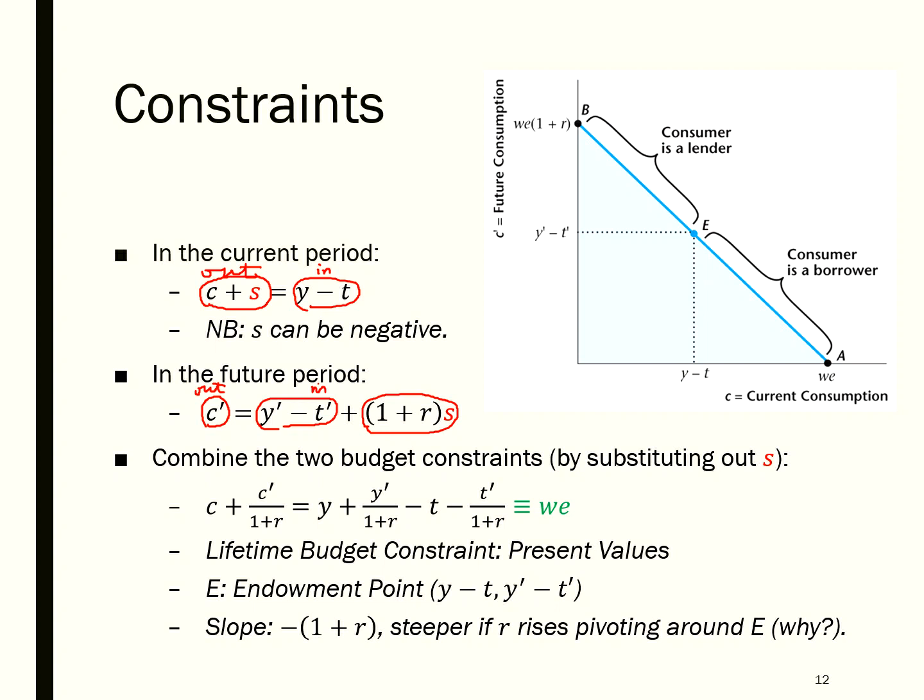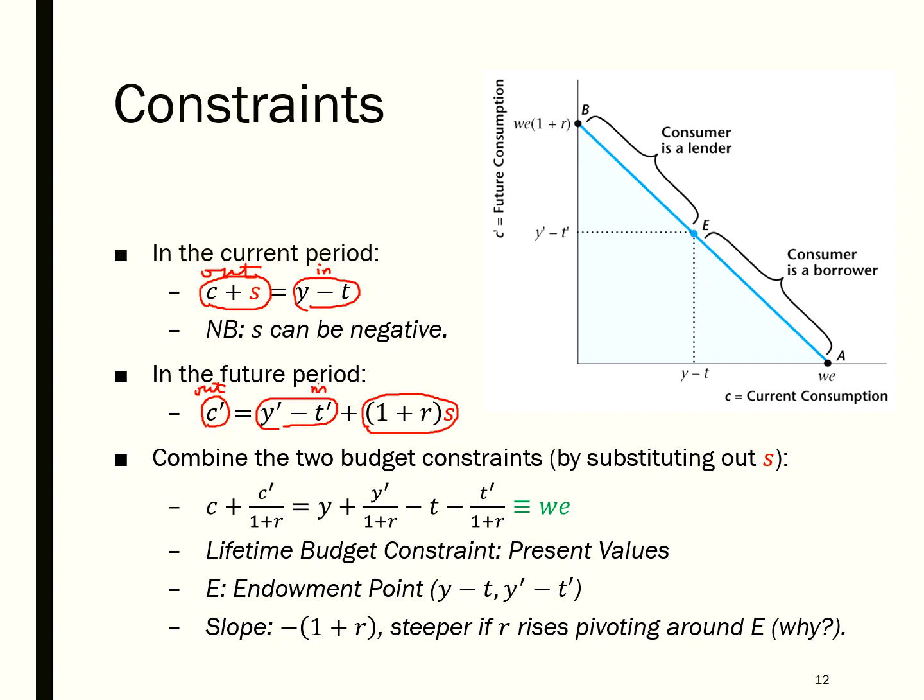C is treated as the independent variable, and its coefficient is equal to minus 1 plus r. No matter how the slope changes, the constraint always pivots around the endowment point E, because when S equals 0, the endowment point is independent of changes in r.